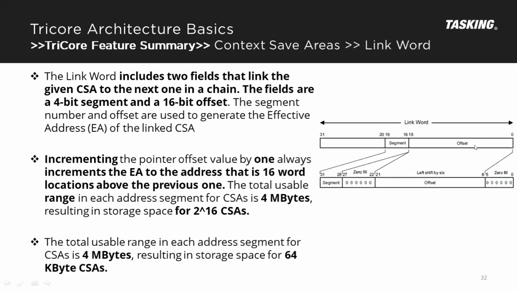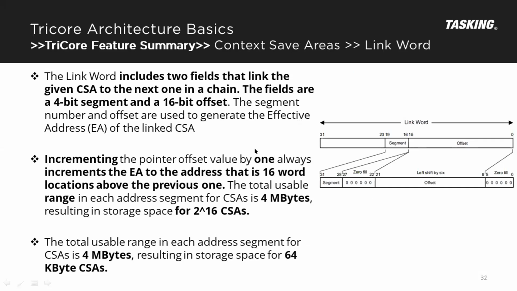So the link word contains two parts. The first part is called offset, and the second part is called segment. In order to form the address here, I will fill everything with zeros, then put the offset, then again zeros, and at the end I will put the segment in order to get the EA address, or effective address.